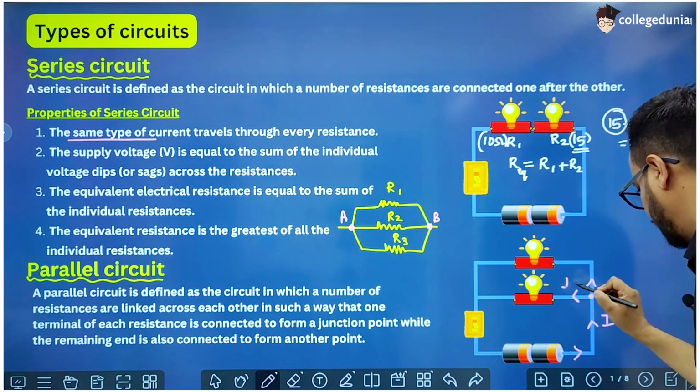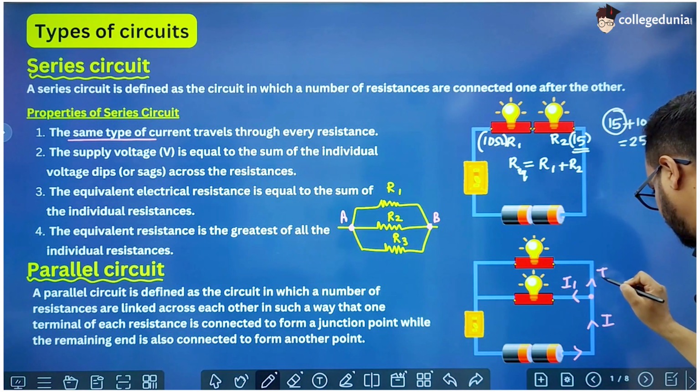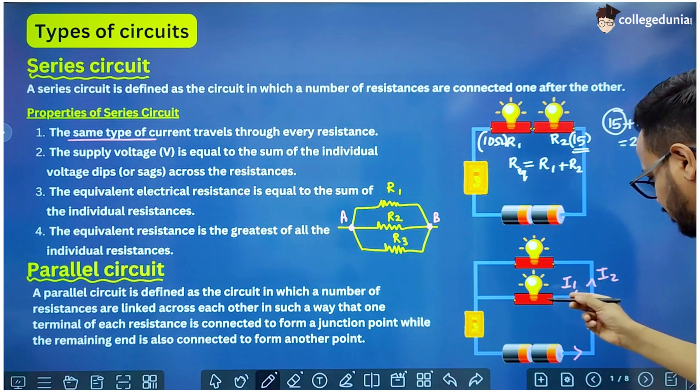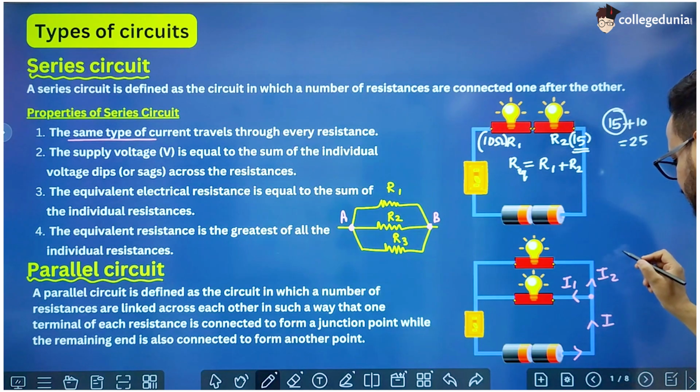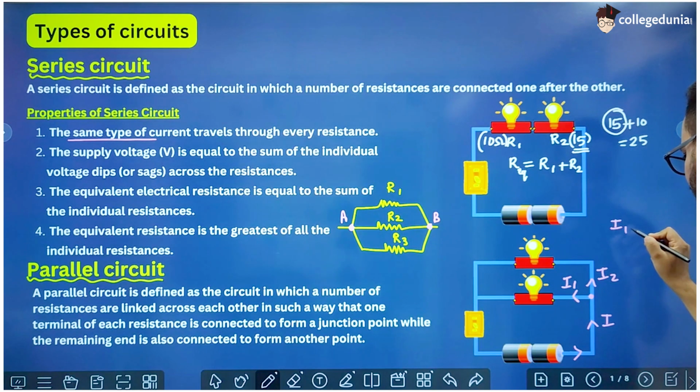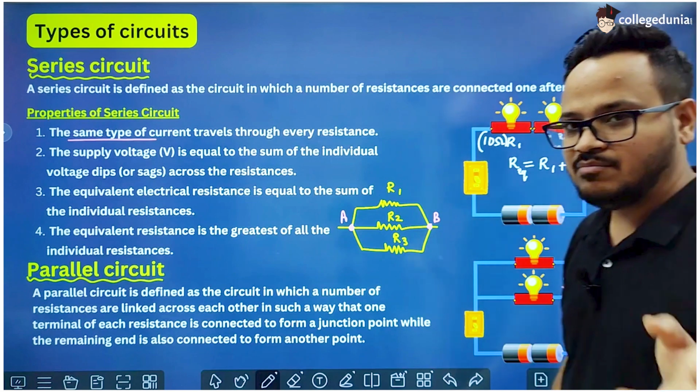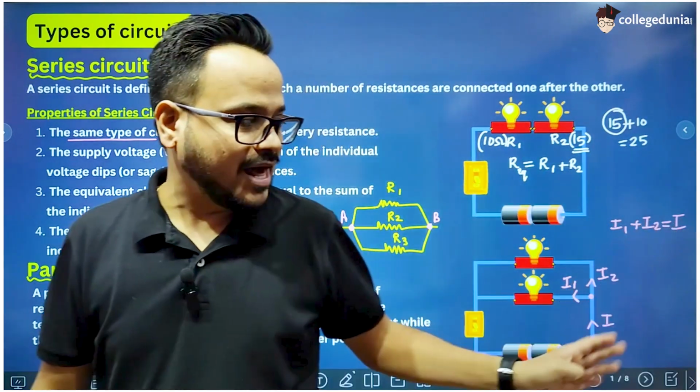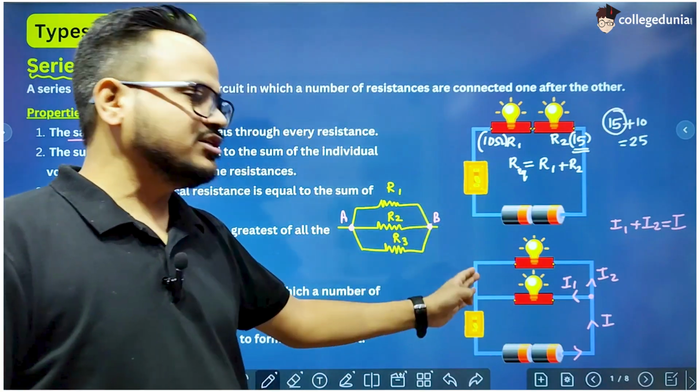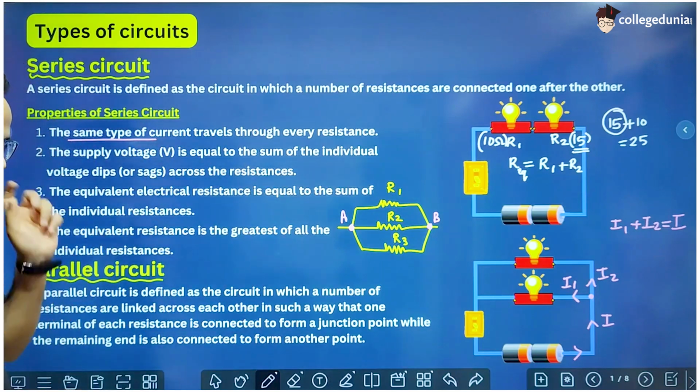Some part of the current will flow in this branch and some part in this branch, such that the sum of I1 and I2 is I. In series, current was same but the potential was dividing, but in parallel potential is same and the current is dividing.